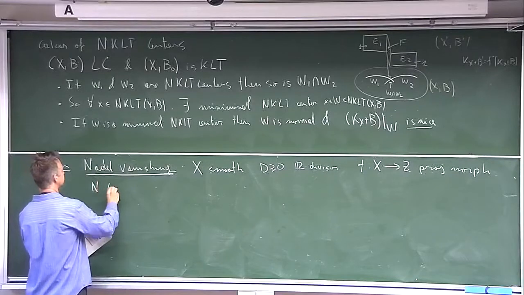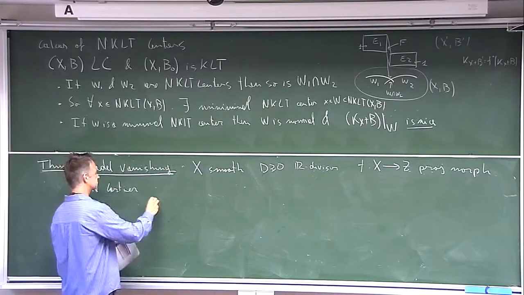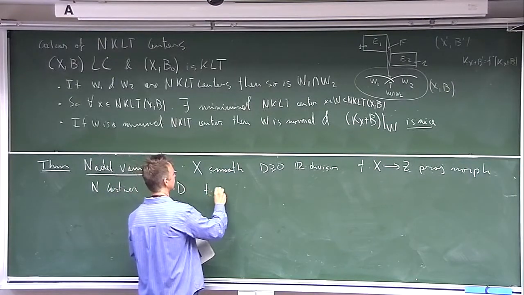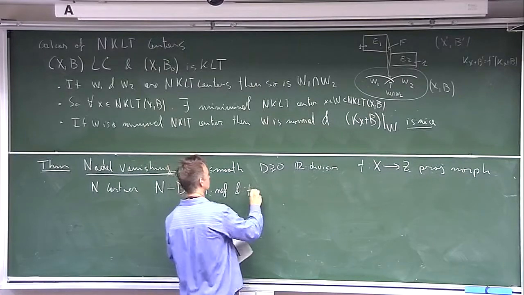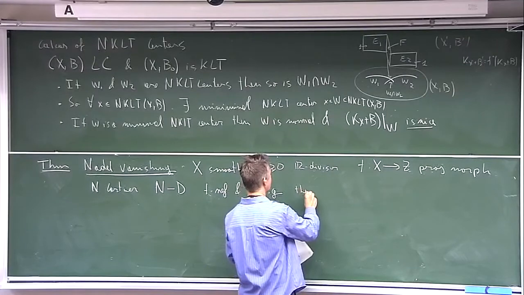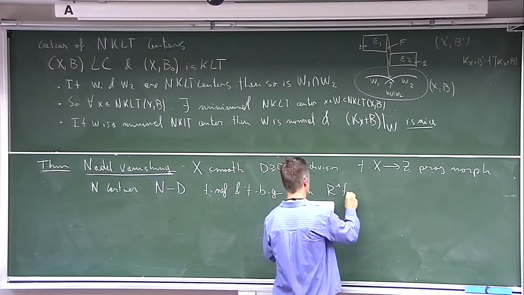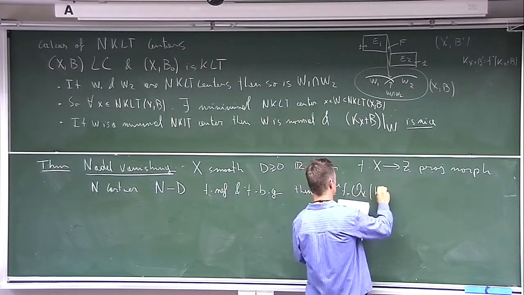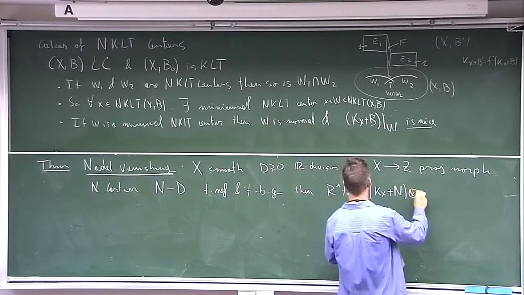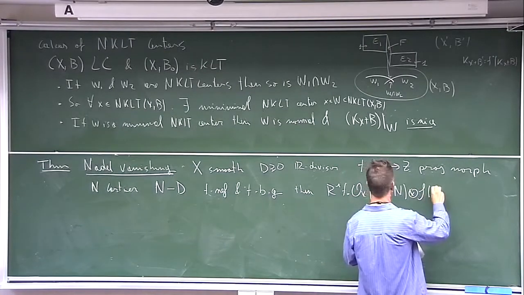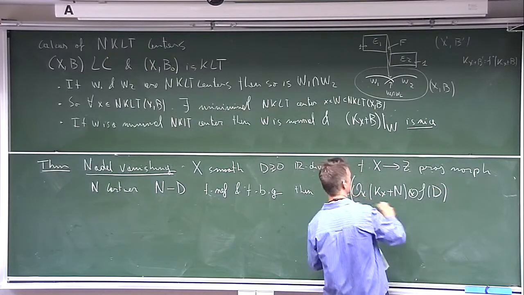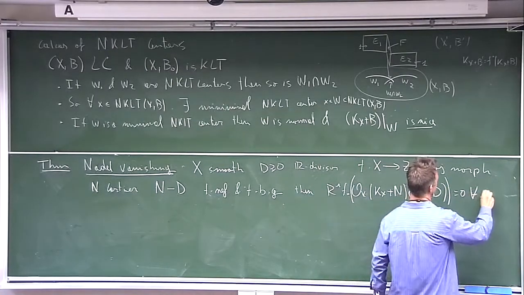N will be some Cartier divisor such that N minus D is F-nef and F-big. Then the higher direct images of O_X(K_X plus N) tensor the multiplier ideal of D, I called it D, hopefully D, are 0 for every i greater than 0.